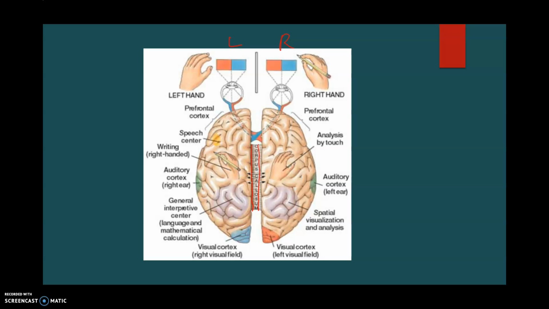We can also see that there's some special areas, so our speech center, we can see our auditory, we see another auditory cortex, analysis of touch, visual cortex, special visual analysis, special language analysis, and mathematical. So that's why sometimes people considered right and left brain people to be either more creative or more analytical.